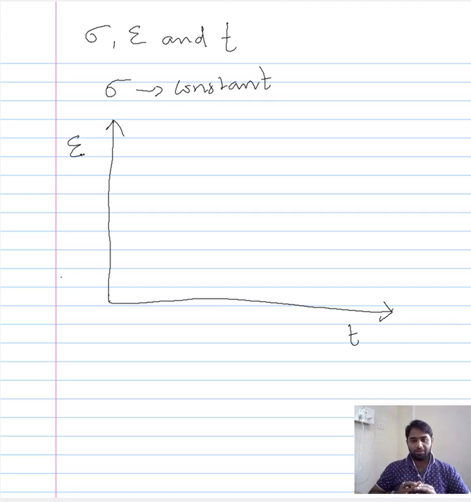Now we saw in the previous lecture, in a crystalline material, a representative creep curve would look something like this. It has an instantaneous creep region followed by a region where the creep rate gradually decreases.